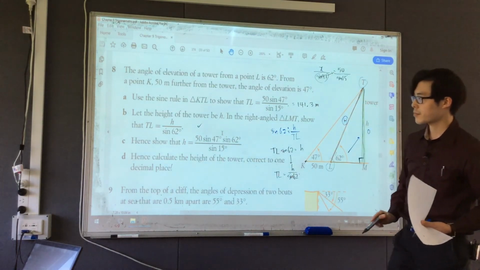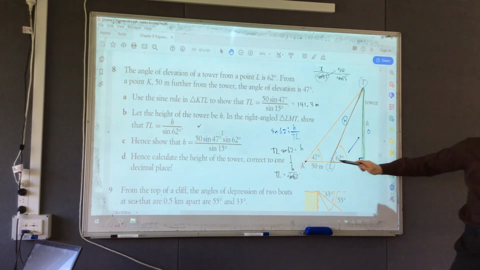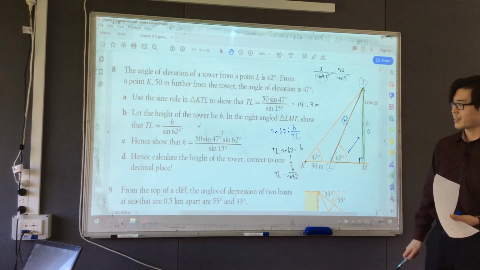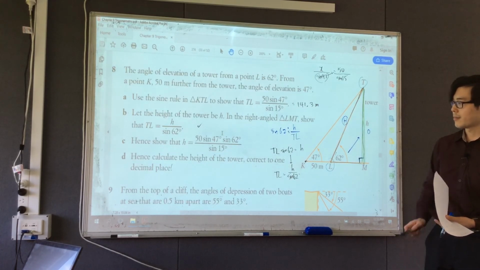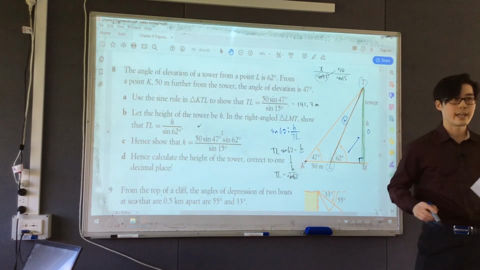We've proven that. Now, hence show that h is 50 sine 47 sine 62 over sine 15. They want you to find h, but as an expression, not the actual number.